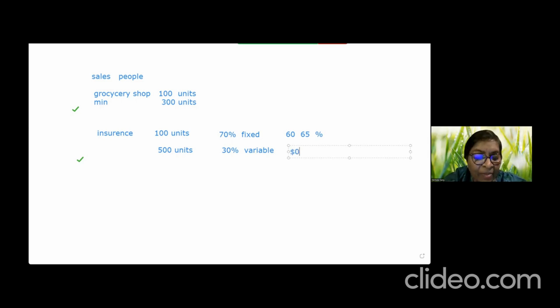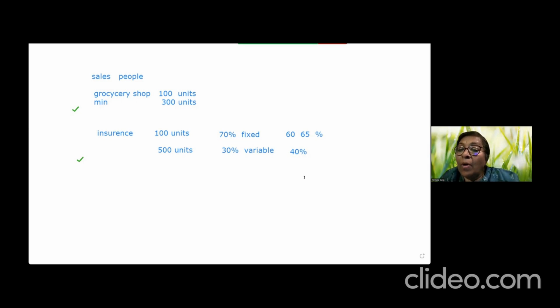Something like a 40% variable pay. In some organizations, you can have even 50-50. Why do you think so? Because the nature of business is such that there is scope for selling more. So therefore, you'll have, for most of the salespeople, higher variable pay.